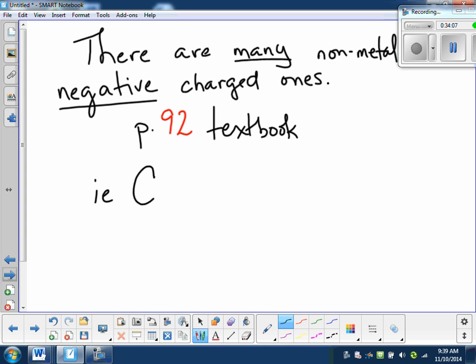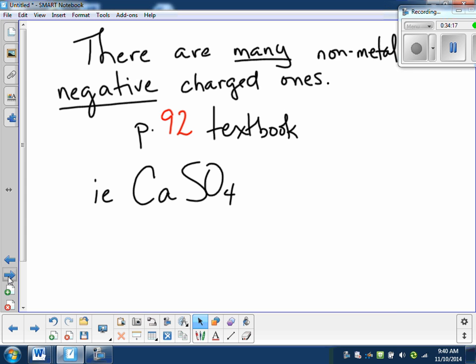For example, we can have a compound like this, CaSO4. Peyton, how do we know that this is not just a regular binary ionic compound?